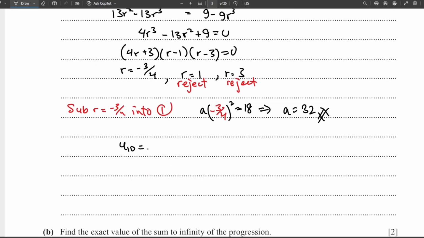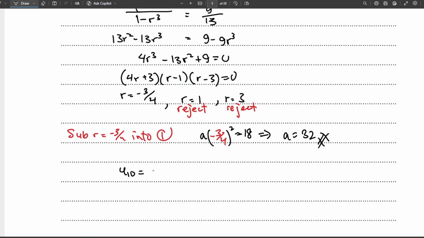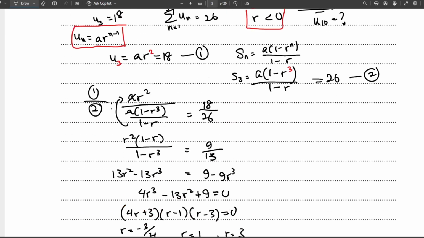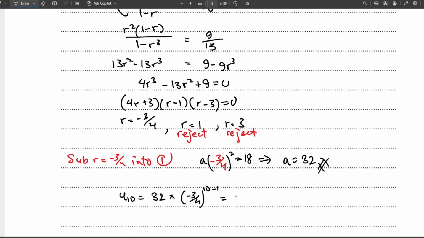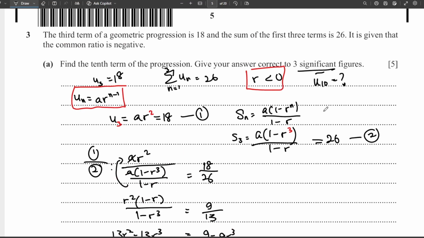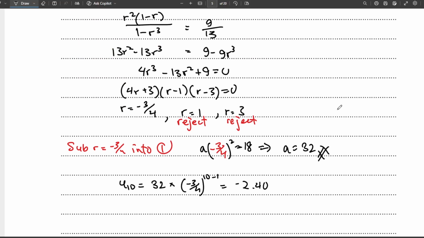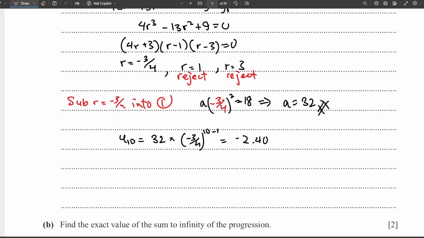So we just need to substitute all these values. So 32, that is our a, multiplied by r, negative 3 over 4, raised to the power of 10 minus 1. So you should be able to get negative 2.40. The question wants it in three significant figures, so try to remember to put it into three significant figures.